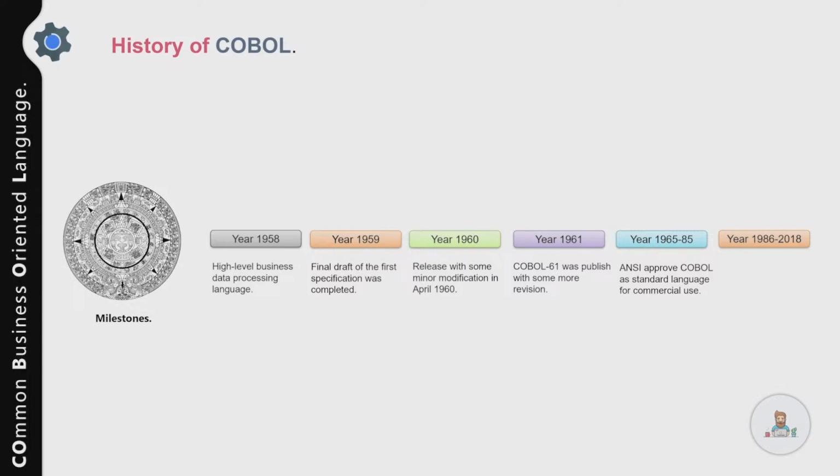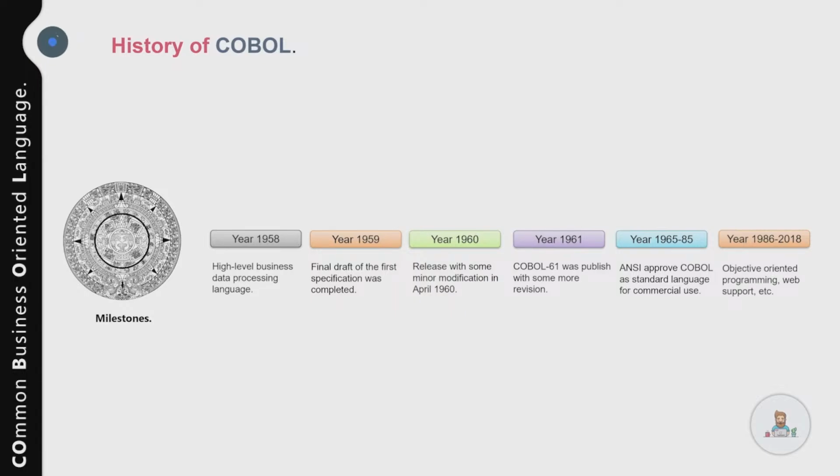This version of COBOL is known as COBOL 68. From 1968 till 1985, multiple versions of COBOL were released, including additional features. Multiple versions of the COBOL compiler were released between 1986 and 2018 with features such as object-oriented programming, web support, and many more.